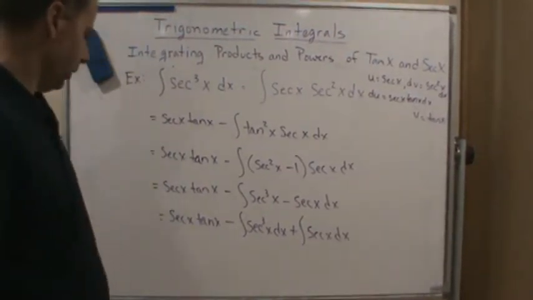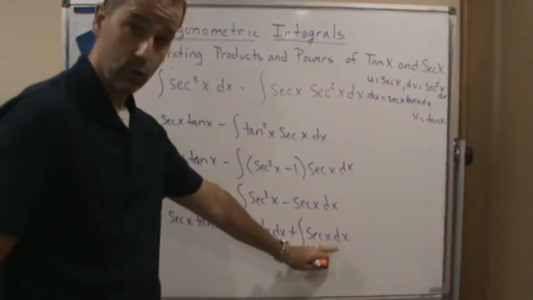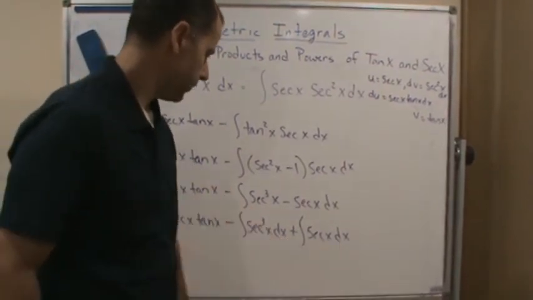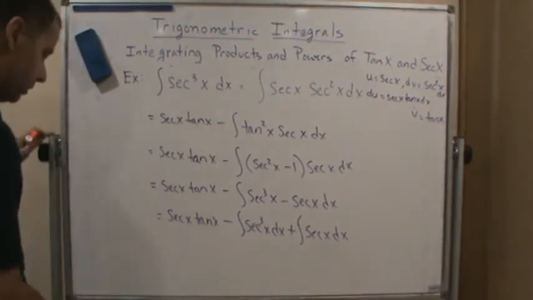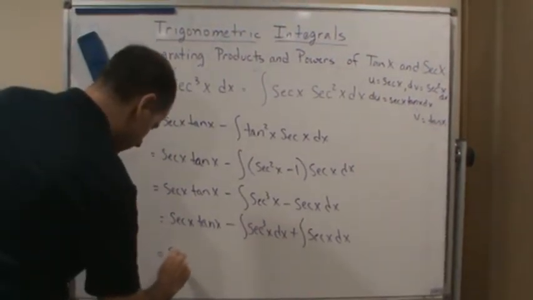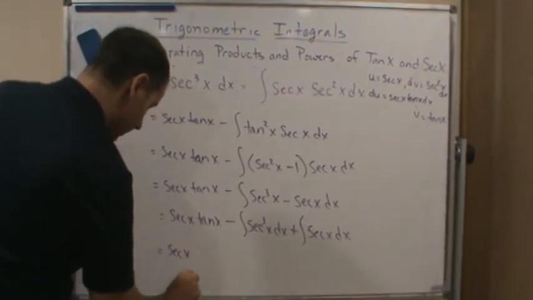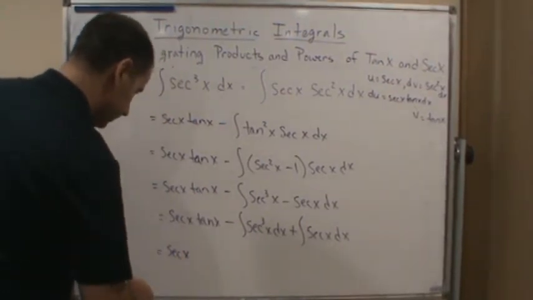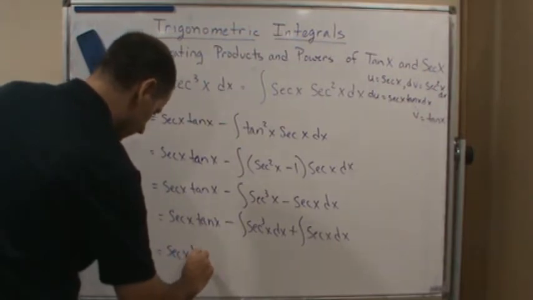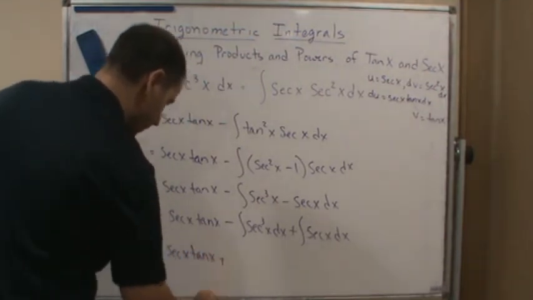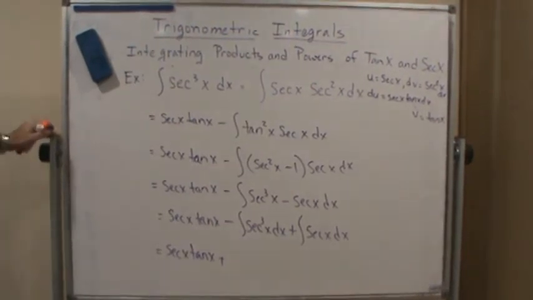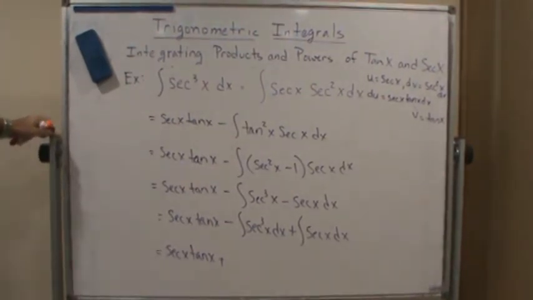So now, this I can integrate, right? You should know the integral of this, okay? So we can integrate that. So this is going to be secant x tangent x, plus, and so the integral of secant x is what? Right, that's one of the ones you have to know.